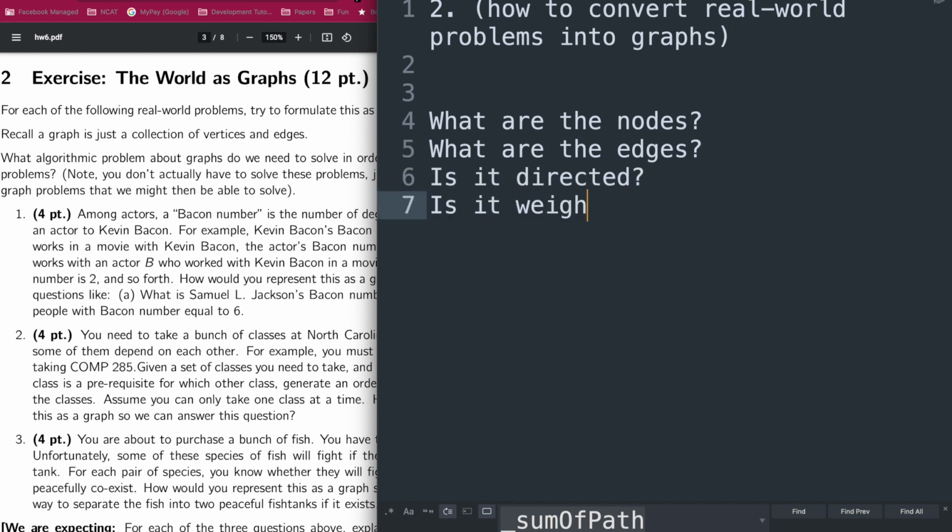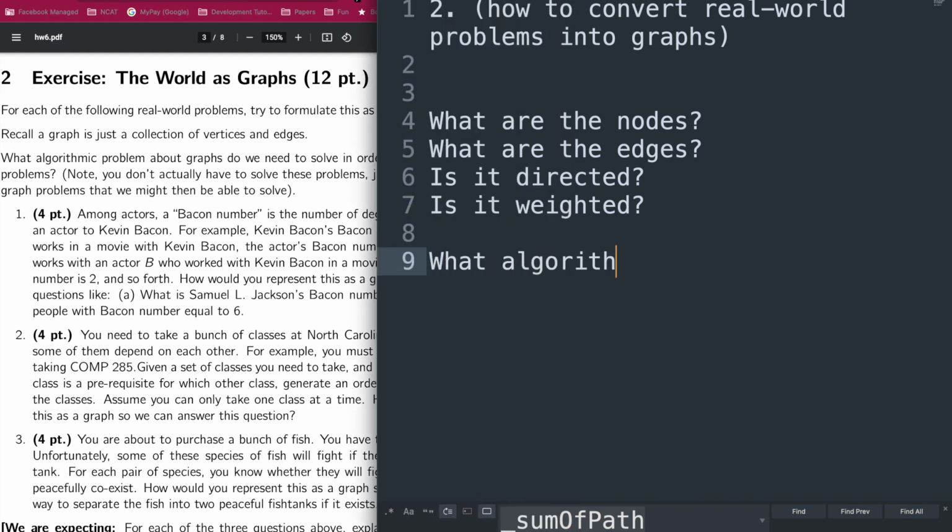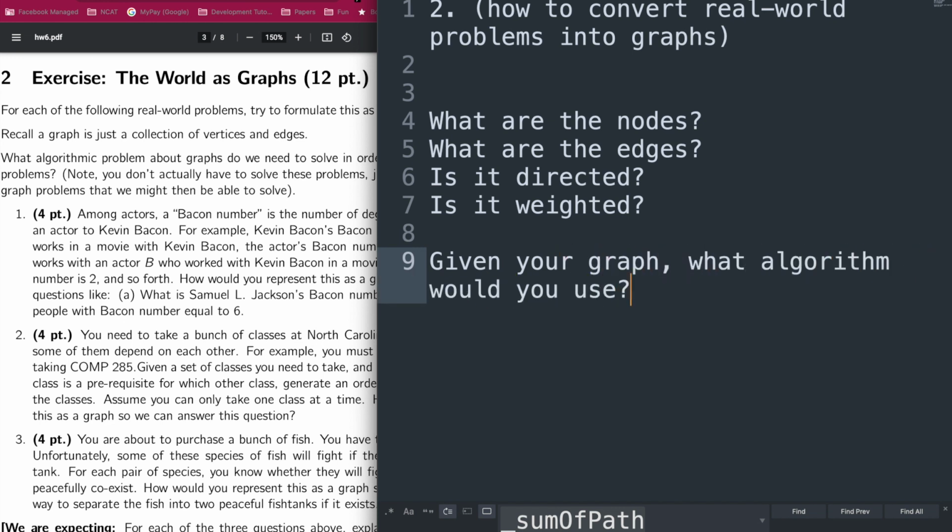Is it weighted? Like these are the questions we need to know about graphs, right? And then we also ask, what algorithm would you use to try to solve this problem? So given your graph, what algorithm would you use, right? So these are the questions you're looking at for each of these.